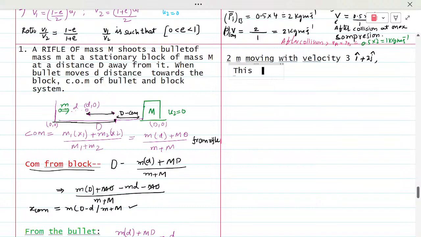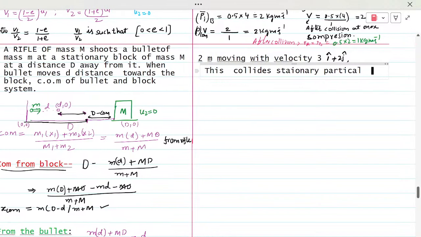It is colliding with a stationary particle of mass capital M.